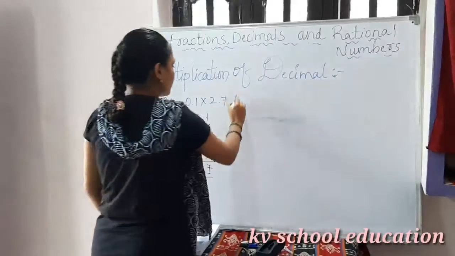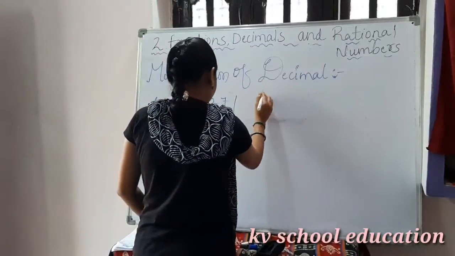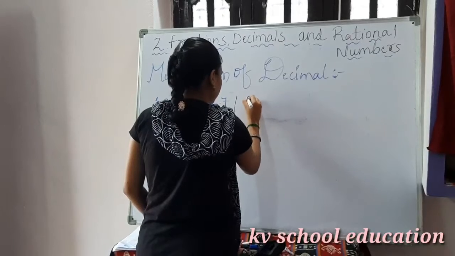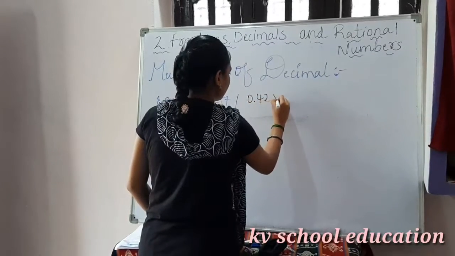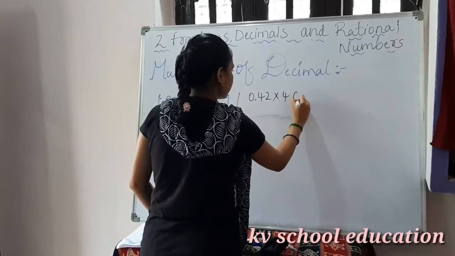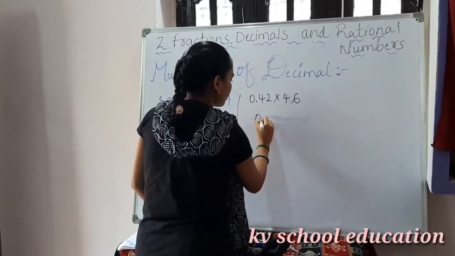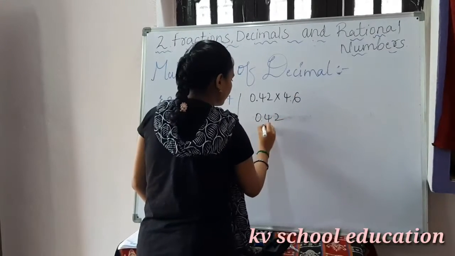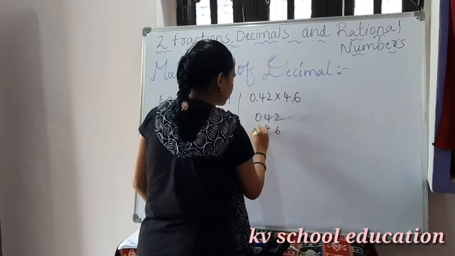And one more example I will take. 0.42 into 4.6.